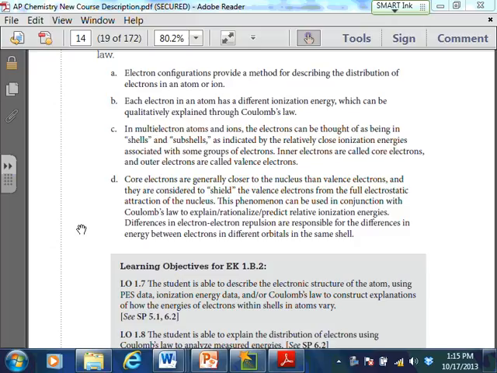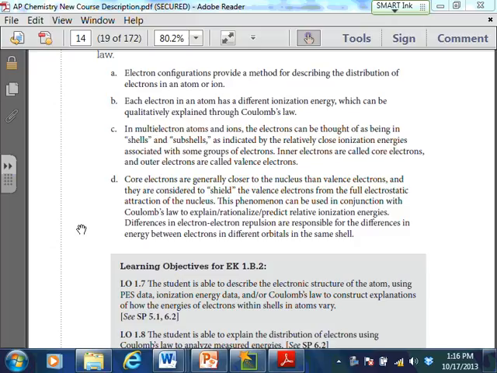This phenomenon can be used in conjunction with Coulomb's law to explain, rationalize, or predict ionization energies, okay? And then it says differences in electron-electron repulsion are responsible for the differences in energy between electrons in different orbitals in the same shell, all right? So when they say shell, they're talking about energy level, right? So like the rows on the periodic table, there's basically 7 shells that are possible in an atom, unless we end up making element 119 at some point. Then there would be 8 shells, right?